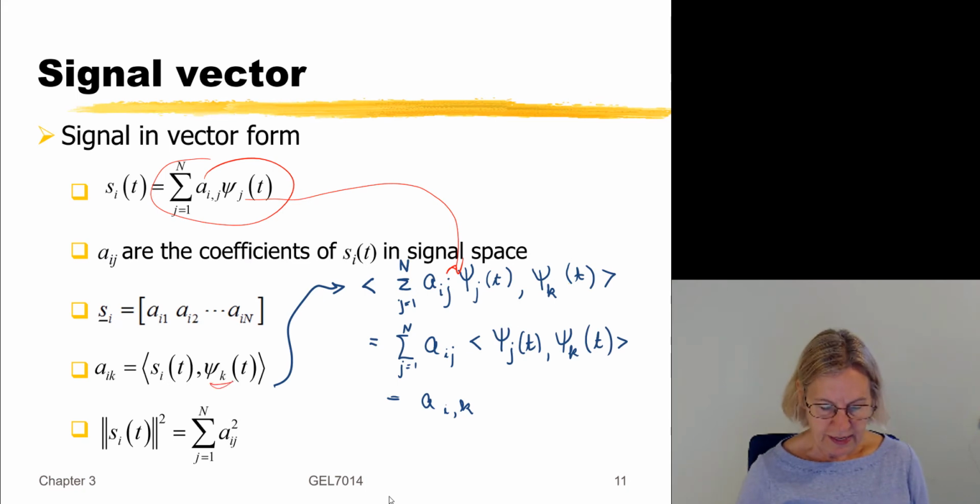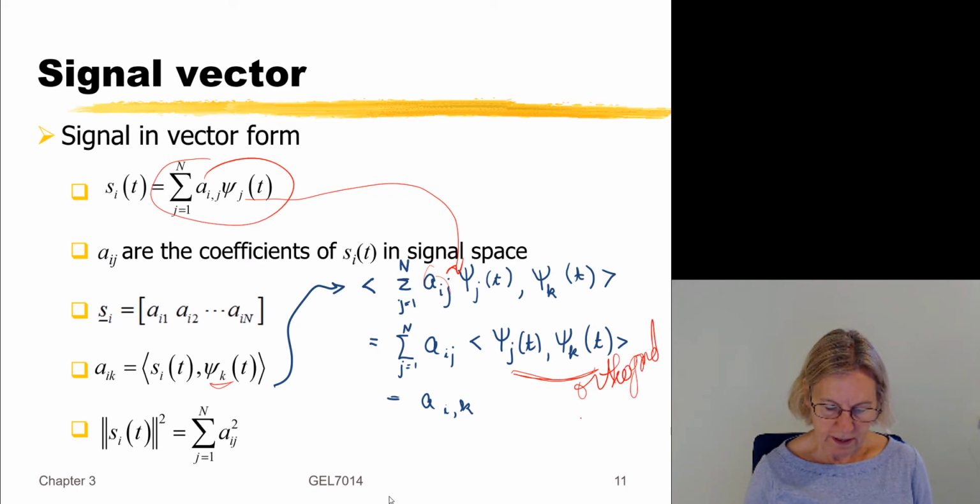basis vector. And I know that this is a linear operation so that I can take the sum out, and this is of course just a constant. So it becomes the sum over a_ij times the inner product of c_j with c_k, but of course these are orthogonal.